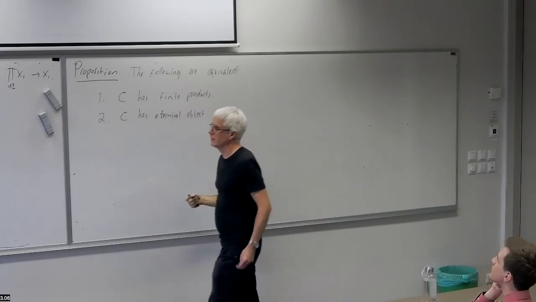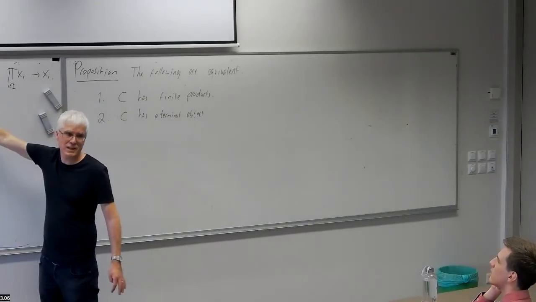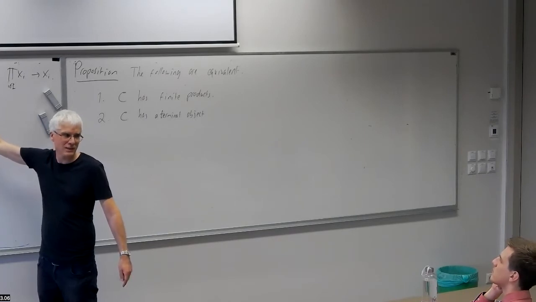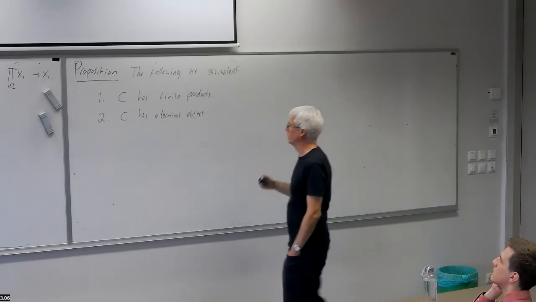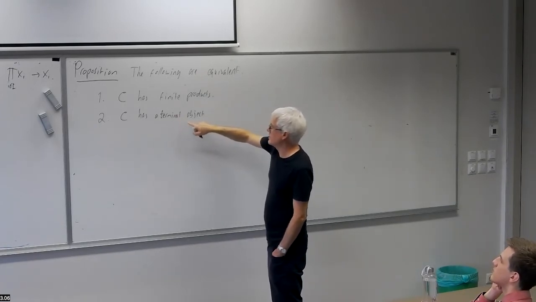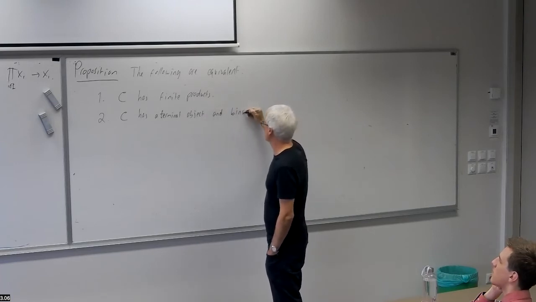By the way, it follows from this description of general product in Set that the terminal object in Set is any one element set. And those are the terminal objects in Set. So for a category to have finite products, it's enough that it has a terminal object and binary products.